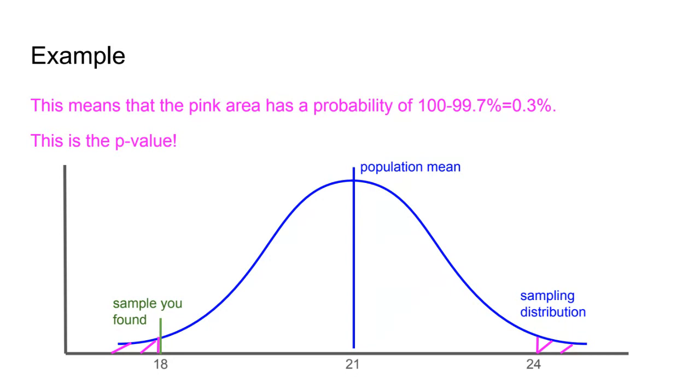Good. Okay, now we know what the p-value is in our example, but that's not sufficient yet to say something about whether or not the findings are significant. Because to say that, we also need to define something that is called a significance level.